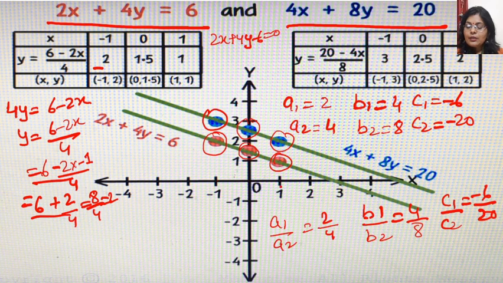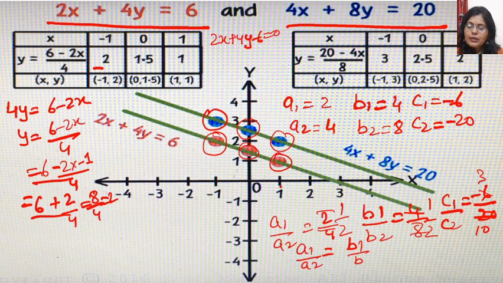This is 1 upon 2, and this is 1 upon 2. And this is minus, and we cut: 2 threes are 6, and 2 tens are 20. So what do we conclude from this? That a1 upon a2 is equal to b1 upon b2 is not equal to c1 upon c2.